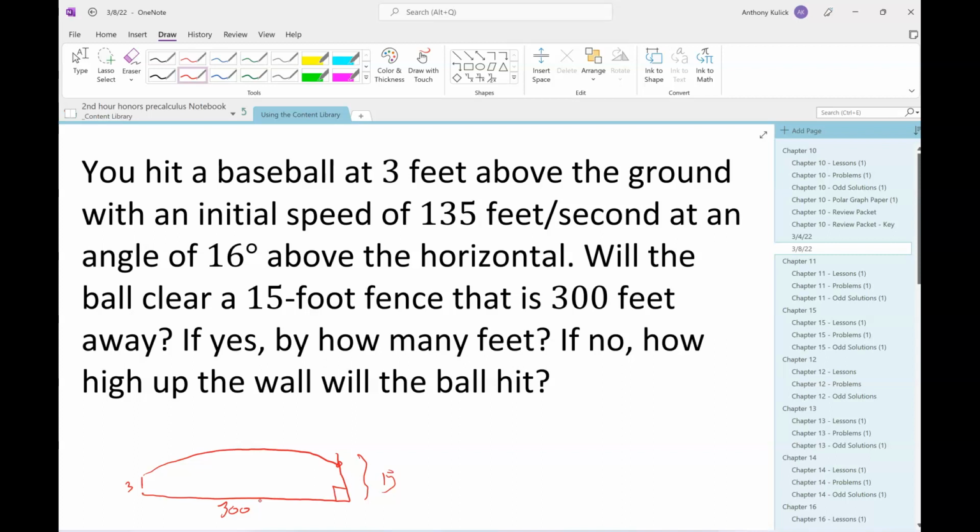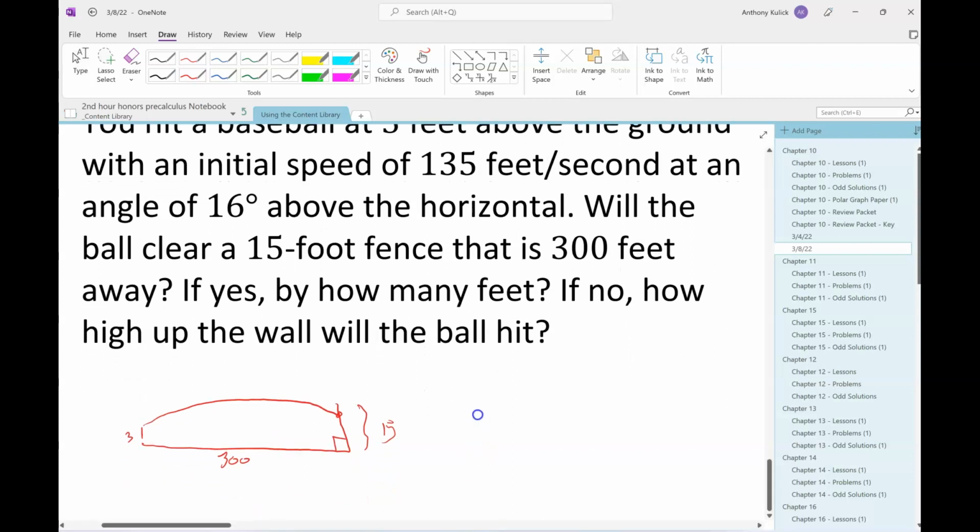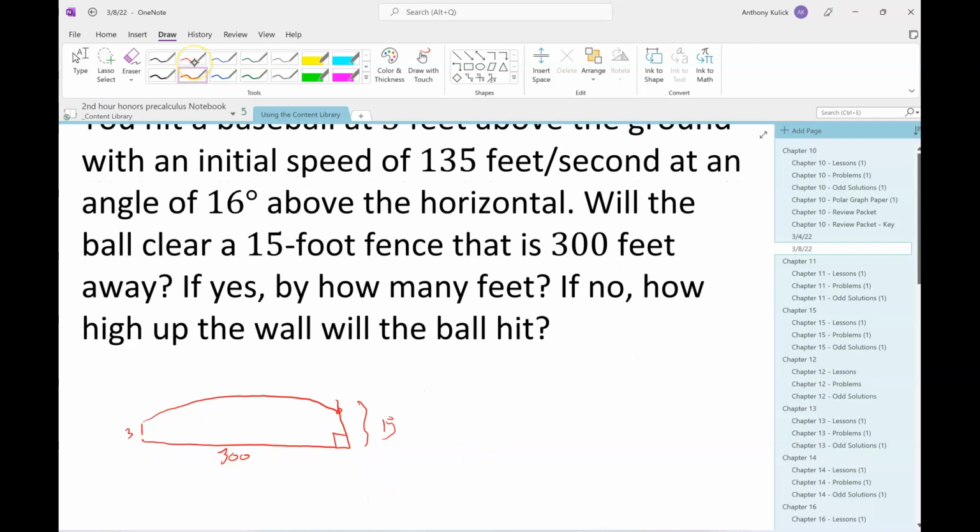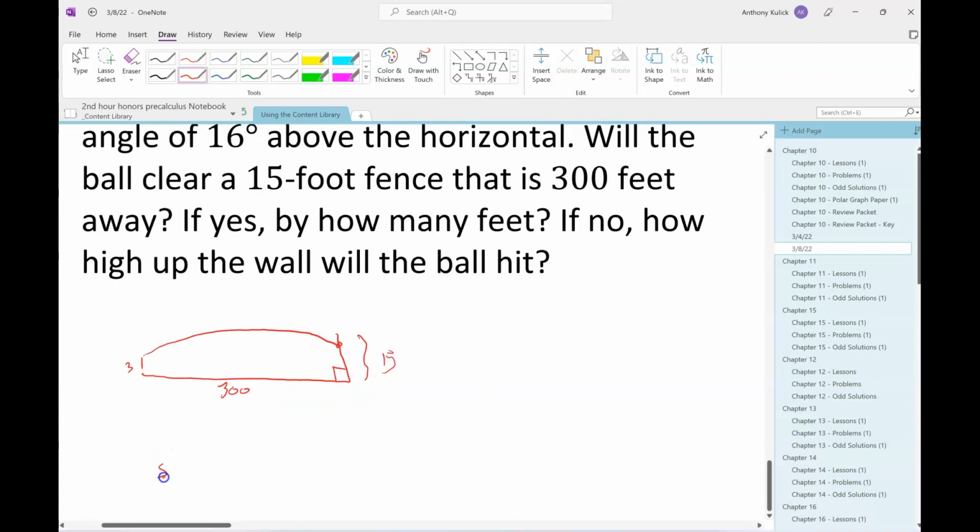Okay. So are we looking to find position of the ball or velocity of the ball to answer this story problem? Position, right? We want to find where that ball is. Does it get over the wall or past the wall or whatever? So let's start filling in our parametric equation.